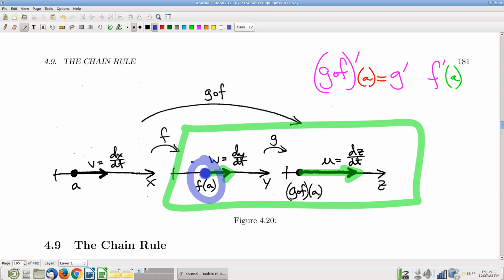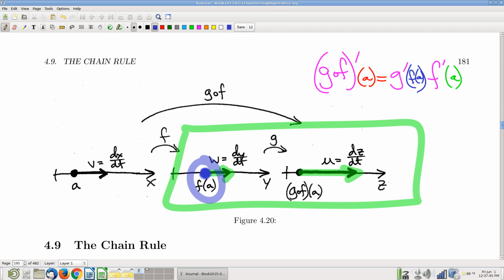So since F of A is where G is being evaluated, likewise F of A is where G' is being evaluated. So G' of F of A. That's why that's in there. That always confused me when I was learning the chain rule for the first time. But anyway, that's why it is.